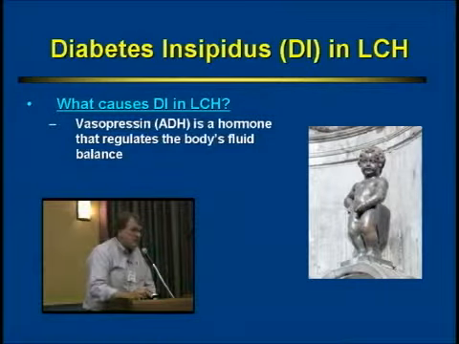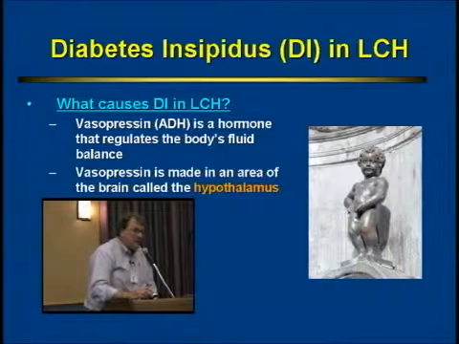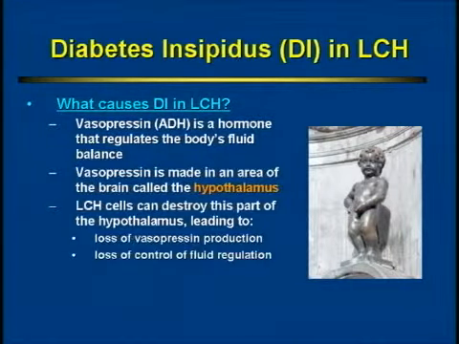It's called vasopressin, or ADH. And it's made in an area of the brain called the hypothalamus. And in LCH, the LCH cells can go to that part of the brain and destroy that part of the hypothalamus, so that one is then not able to make vasopressin. Your body doesn't have enough vasopressin, and that signal that the body uses to hold on to fluid is gone.